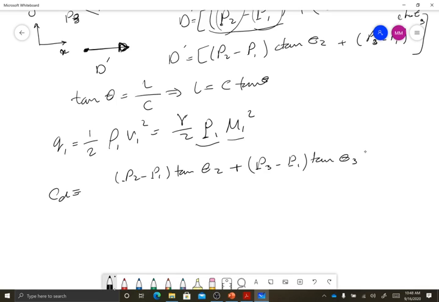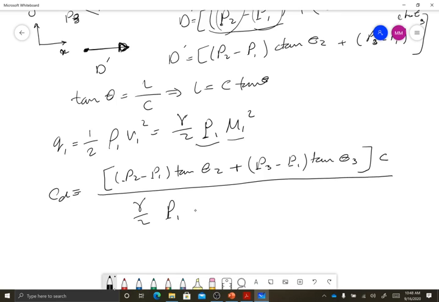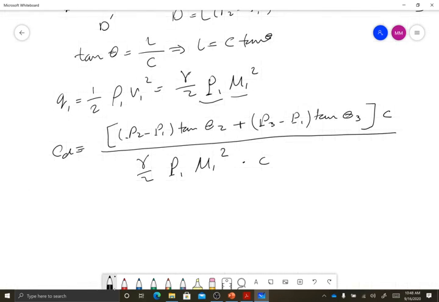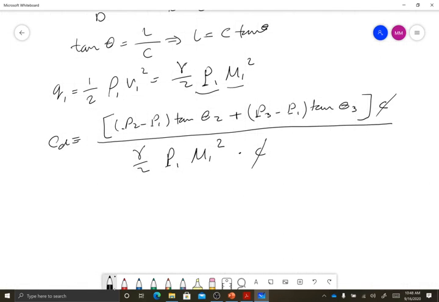Okay, and we have already taken the C out, multiplied by C over gamma over 2 P1 M1 squared multiplied by C. So the C can cancel out.